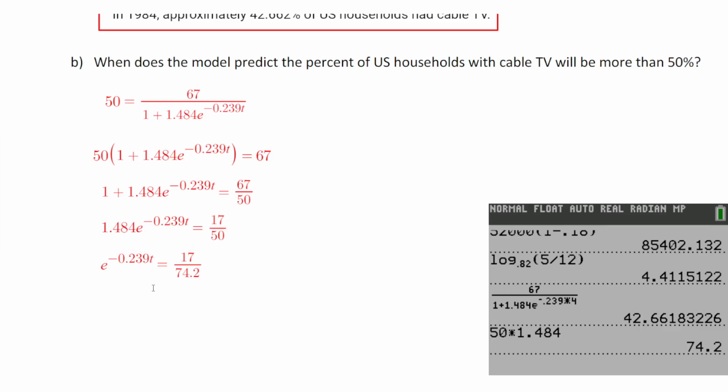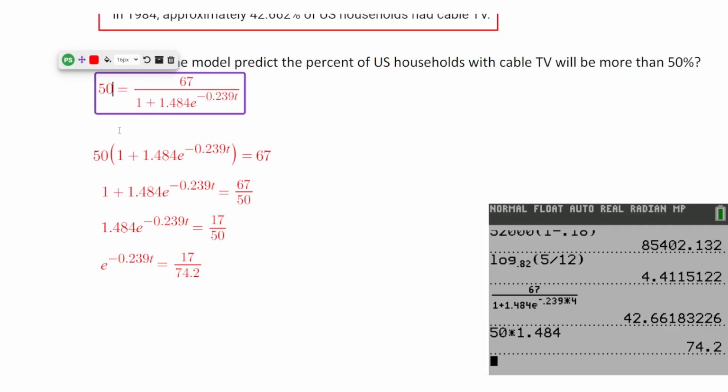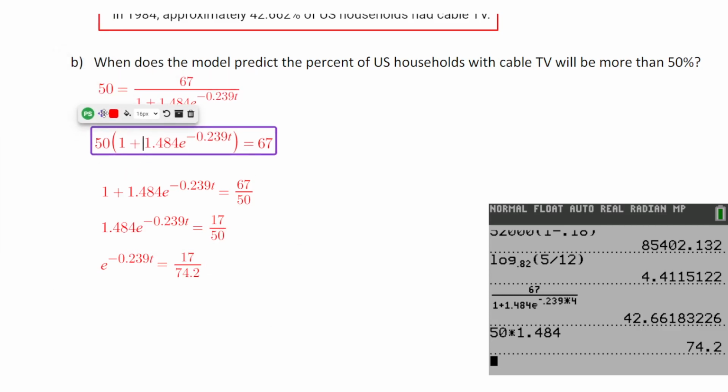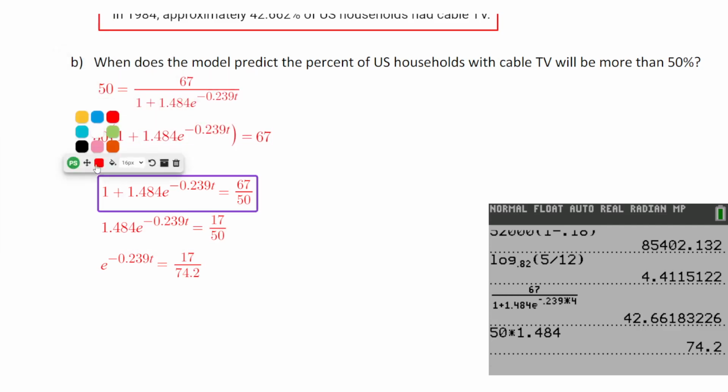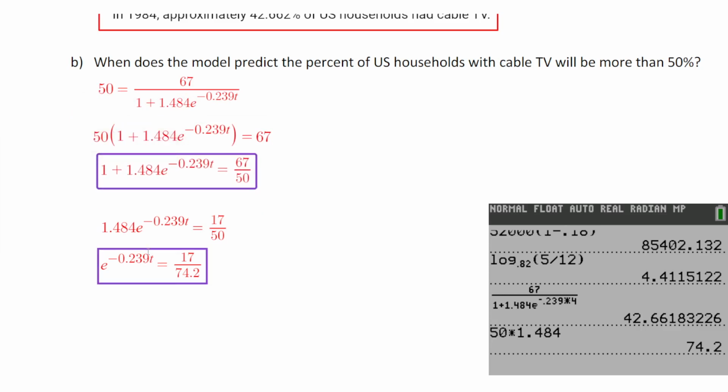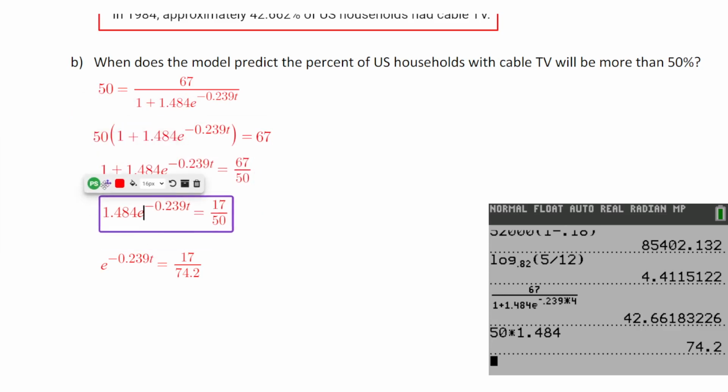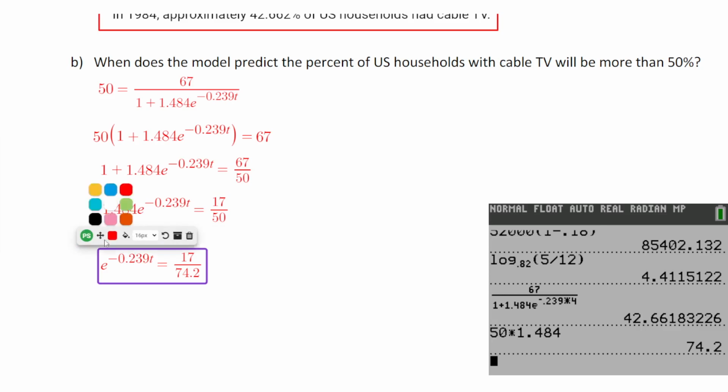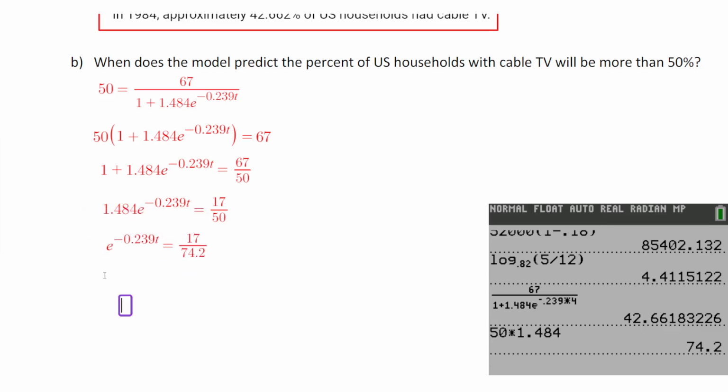And so now we're ready to rewrite this using the inverse property, to rewrite this as a logarithm. I'm going to push all this up so that I can fit everything on the screen. Since my base here is Euler's number, I'm going to be using the natural log to rewrite this.